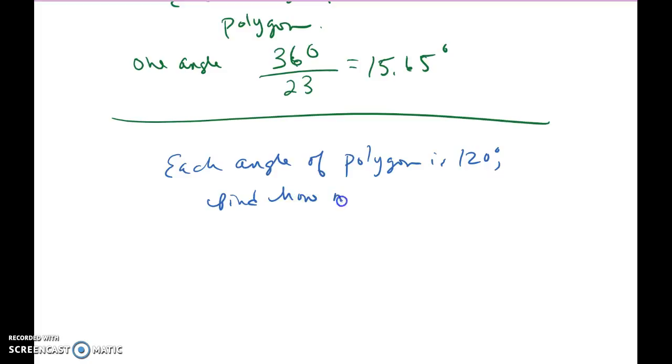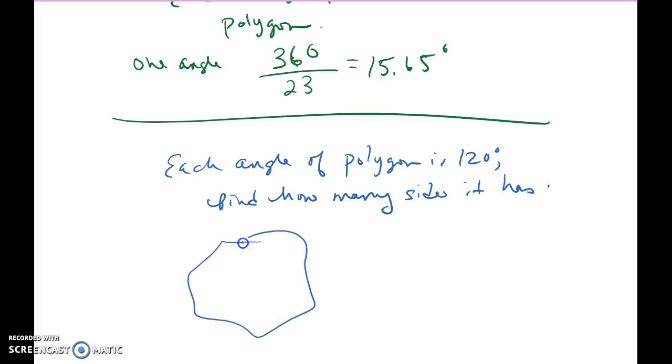Find how many sides it has. So if it's giving you each angle, we don't know how many sides this thing has. We don't know what it looks like. I hope it looks better than that, but we don't know exactly what it looks like. But each angle's 120. So how do I work backwards, right?